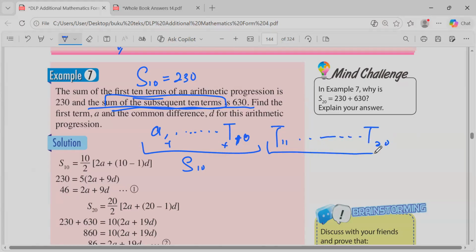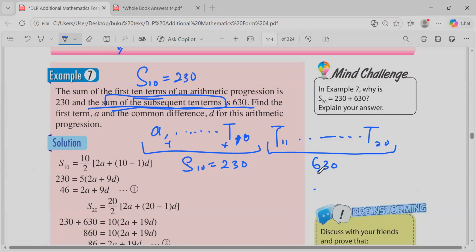The sum from here to here is 630. And this one is 280. He told you that the first 10 and the second 10 give this answer.